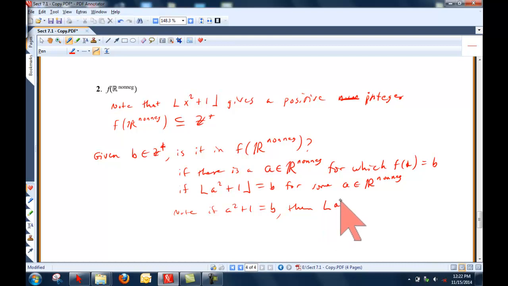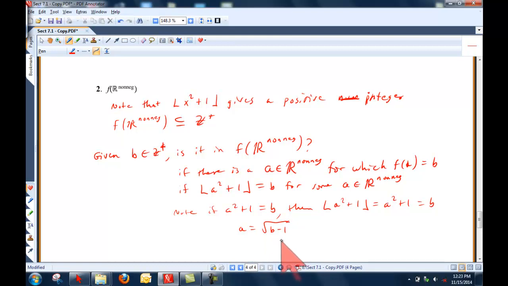If a squared plus 1 is already an integer, and b is an integer, then floor of a squared plus 1 equals a squared plus 1 equals b, and it works. So I really can solve the equation without the floor if I want, and this then is easier. A should be square root of b minus 1.